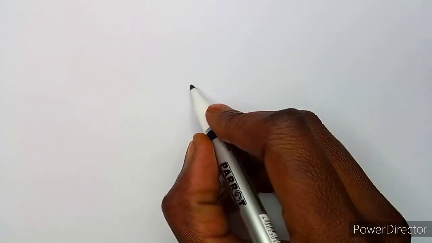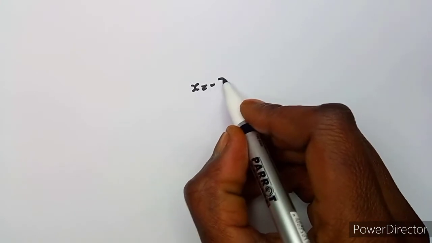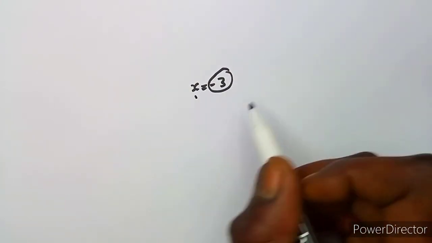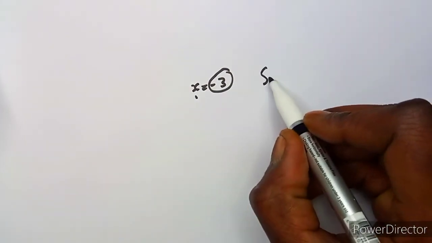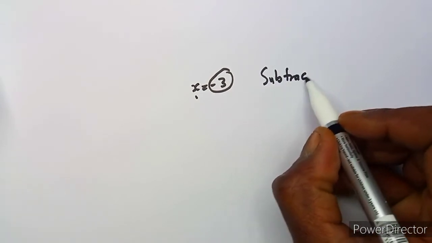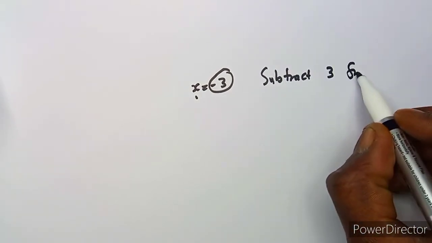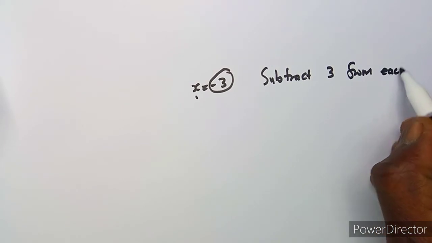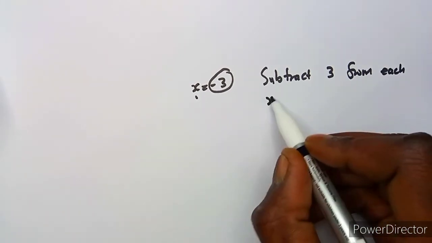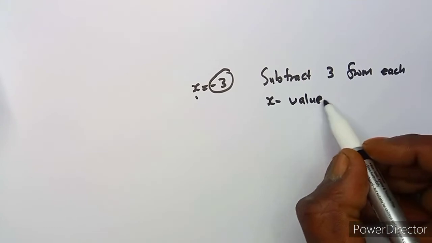So the concept is that we said our x is minus 3. So you are going to subtract 3 from each x value. From each x value. All right.